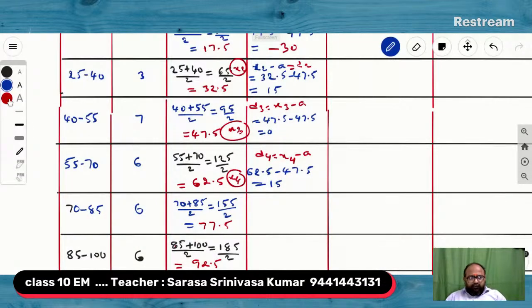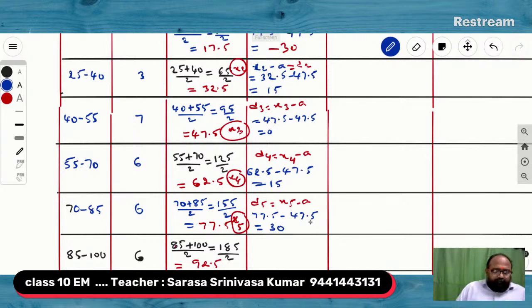Now this is x5. d5 equals x5 minus a, that is 77.5 minus 47.5. This is equal to 30. So d5 is 30. We have found this value.